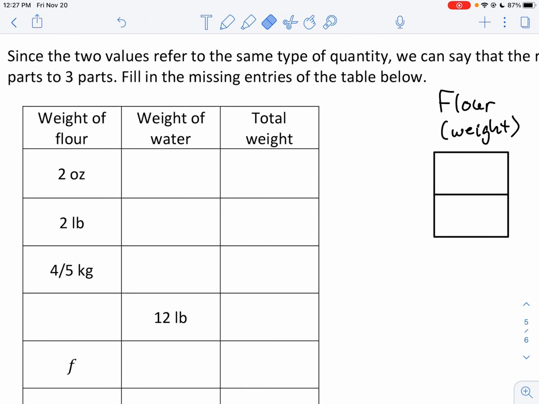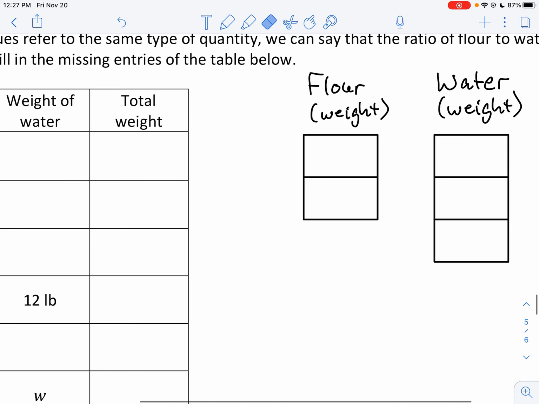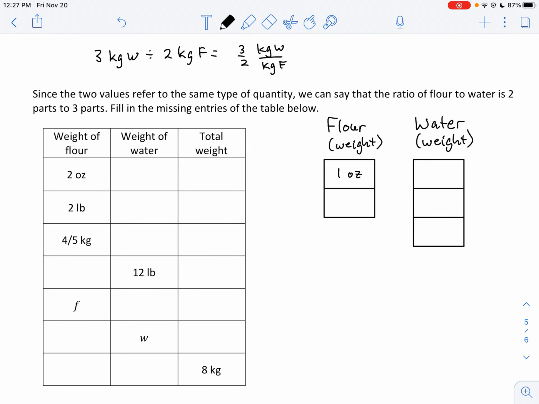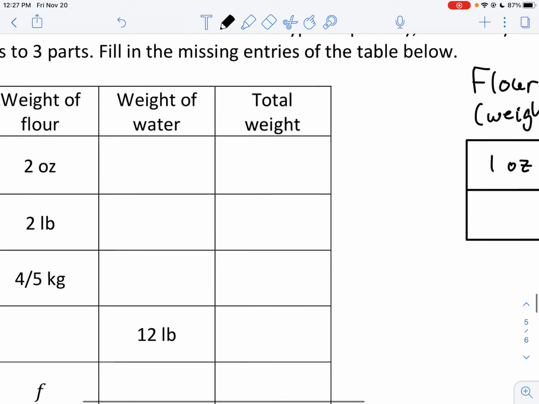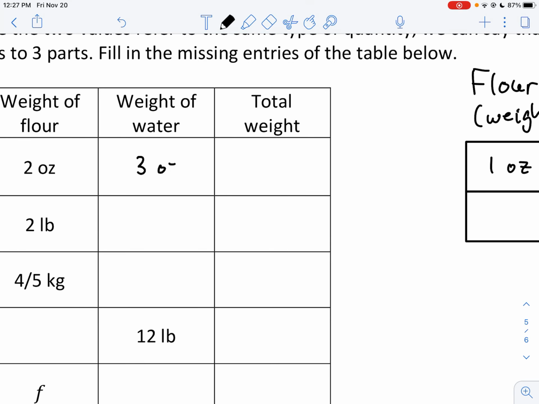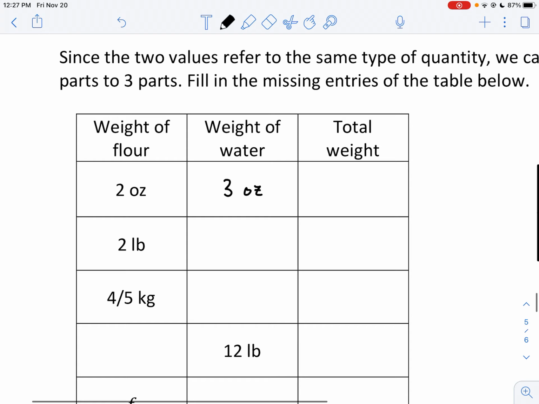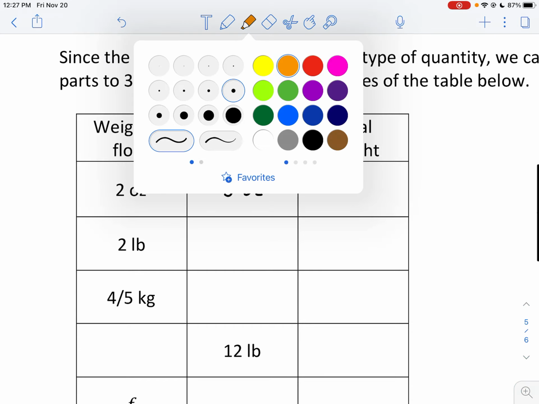Okay, so if I say the total weight of flour is 2 ounces, well, I have to put 2 ounces into these boxes here. So I would put 1 ounce in each, right? 1 ounce in each. Doing 2 to 3 parts, 2 parts to 3 parts, and we're thinking of weight, right, not volume, then if I put 2 here, then I just put 3 here, whatever the unit is, as long as it's a unit of weight.